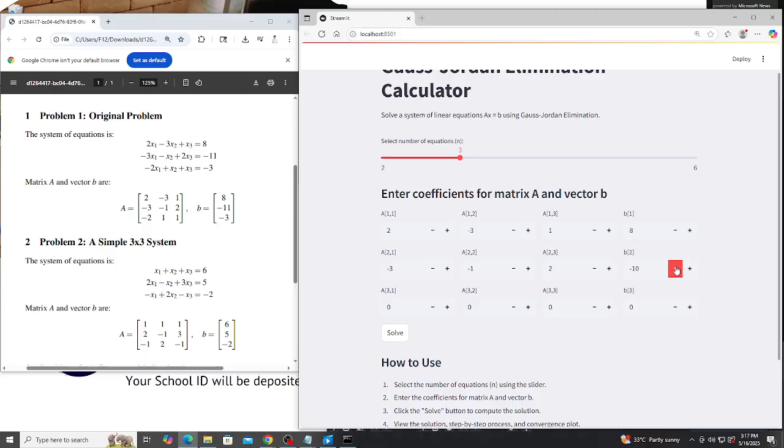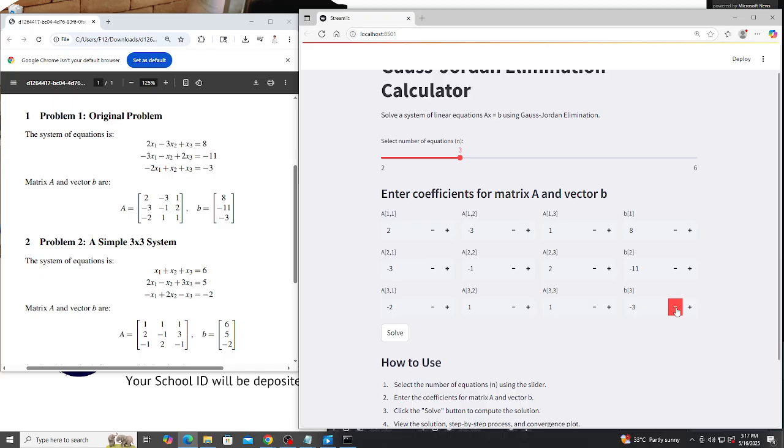By clicking this plus and minus, we can input the equation into our calculator. And the third row is negative 2, 1, and positive 1 and negative 3.